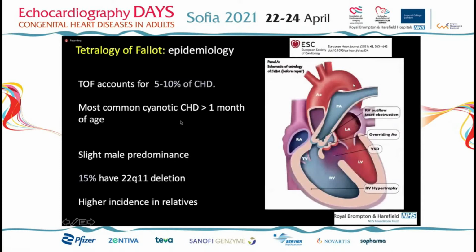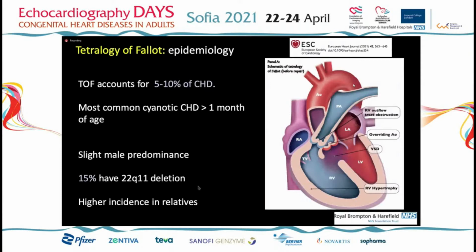A bit of epidemiology as part of the introduction. Tetralogy of Fallot accounts for 5 to 10% of congenital heart disease, but it is also the most common cyanotic congenital heart disease in infants and babies more than 1 month old. There's a slight male predominance, and approximately 50% carry DiGeorge syndrome by deletion of chromosome 22q11.